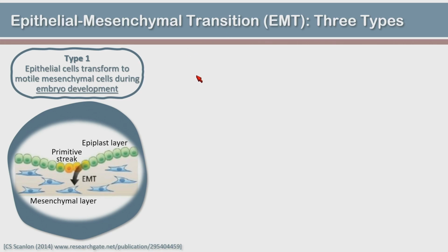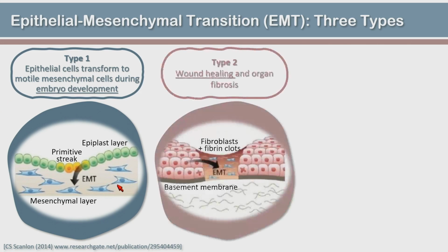So in type 1, epithelial cells transform to motile mesenchymal cells. These are the ones that, for instance, in cancer are mostly responsible for metastases. And this happens in a physiological, normal situation, which is embryo development. So these cells are still mobile.